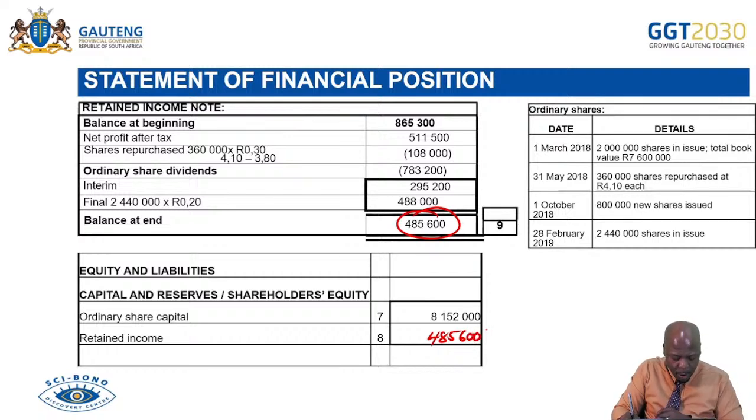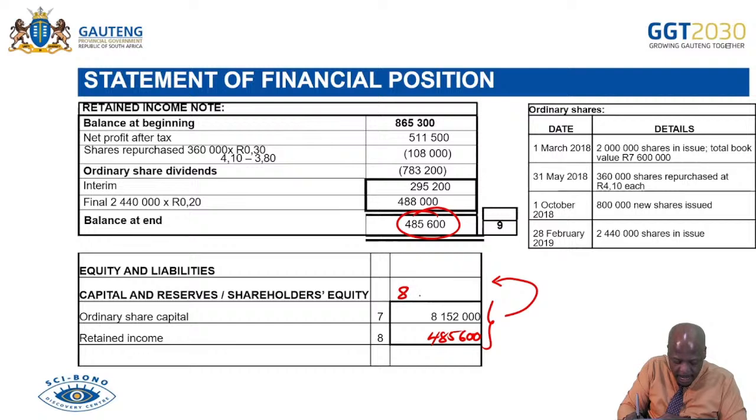If I add these two amounts, they will give me my shareholders' equity at the top. So 8,152,000 plus the 485,600 gives me 8,637,600.